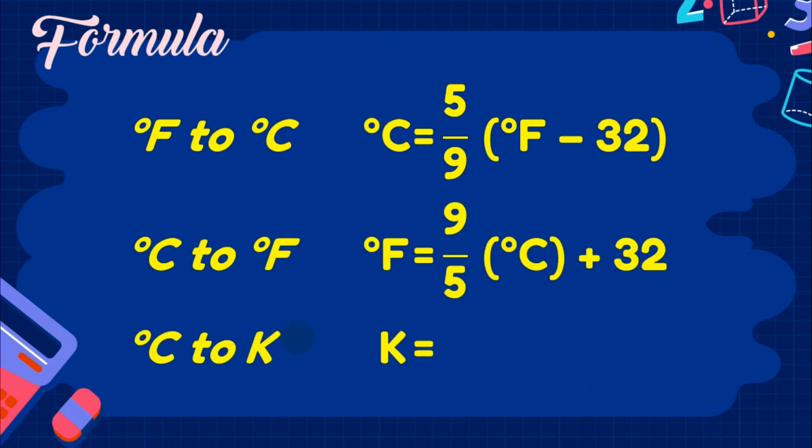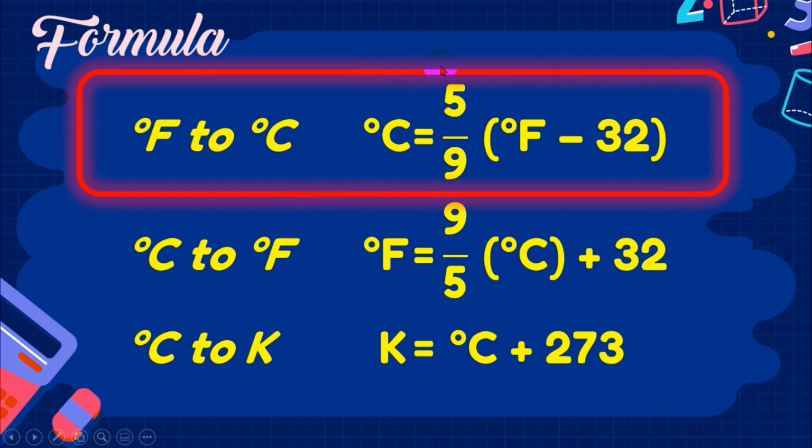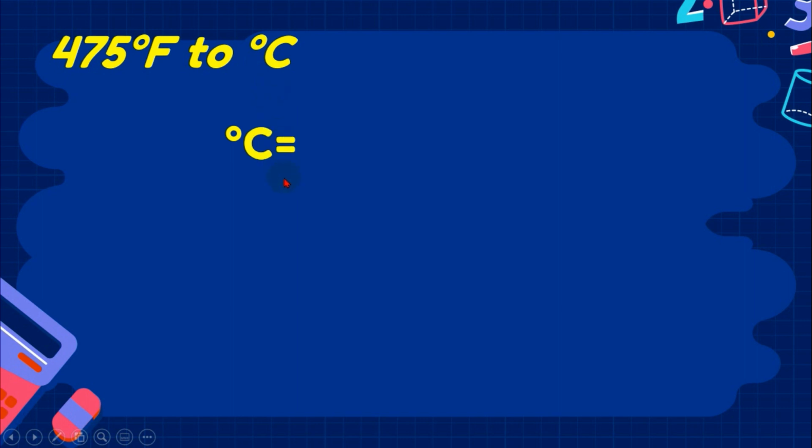Which of the formulas are you going to use? Okay, so we're going to use this one, of course, kasi ang hinahanap natin ay degrees Celsius. So, kapag degrees Fahrenheit yung given at pinapahanap yung degrees Celsius, tandaan, etong formula na 'to ang gagamitin natin.